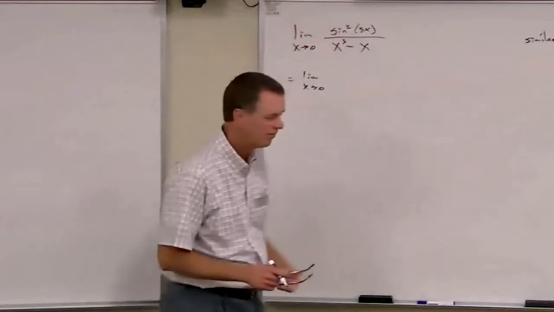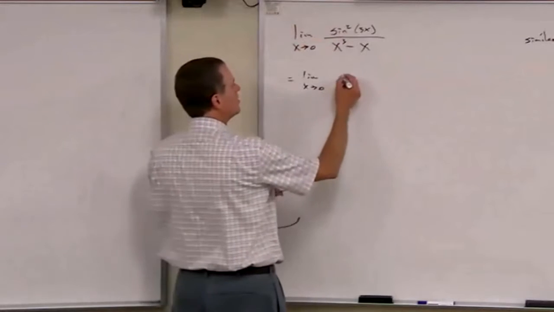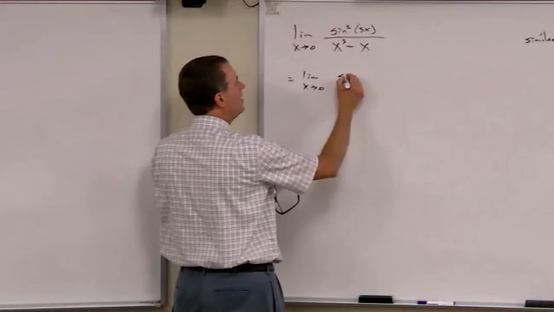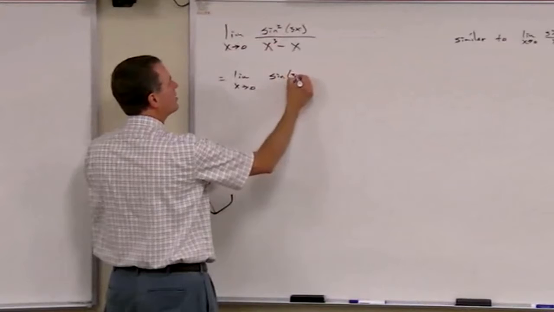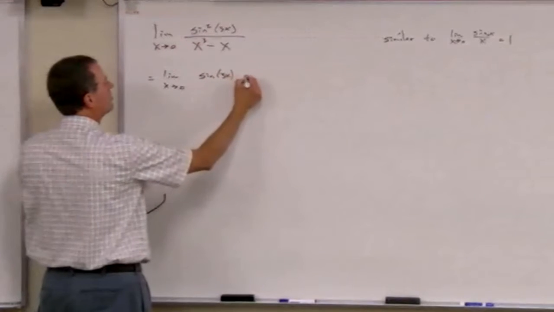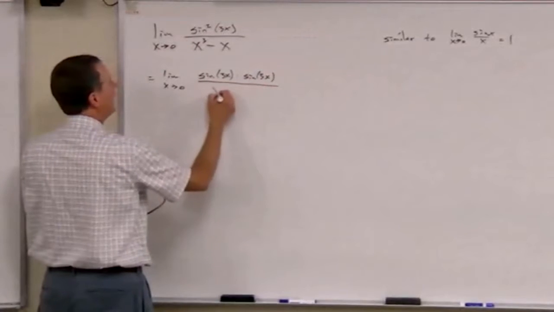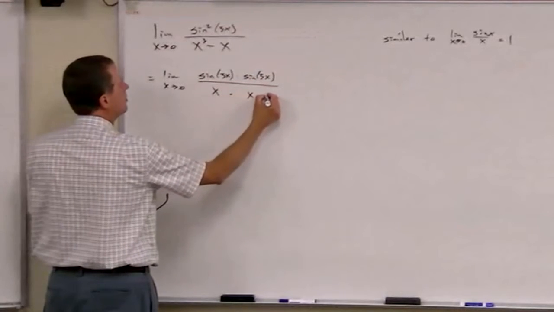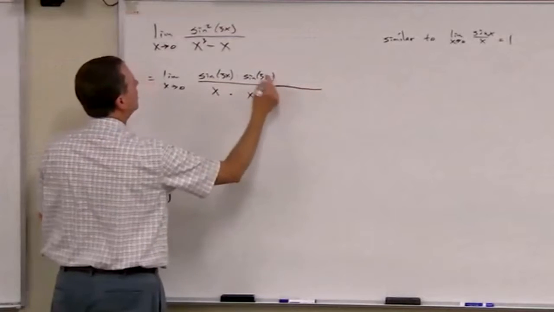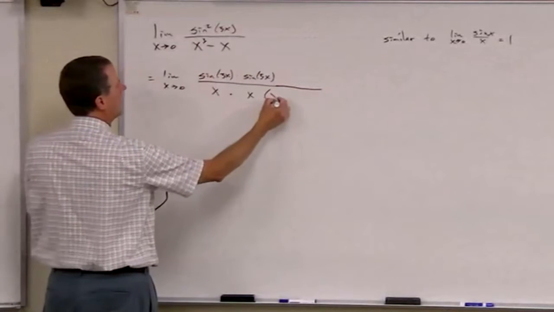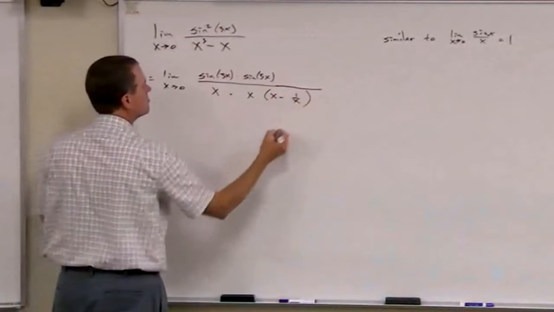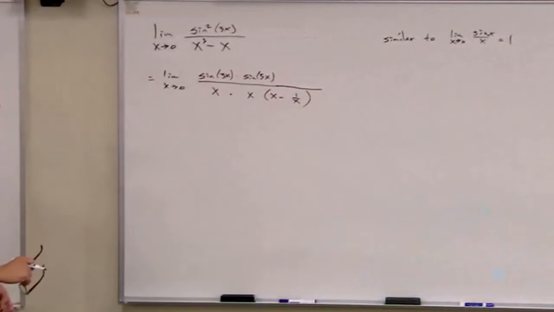So I can rewrite this as sine of 3x over x times sine of 3x over x times, I factor out an x squared, then I got 1 over x minus 1 over x. So far, so good?